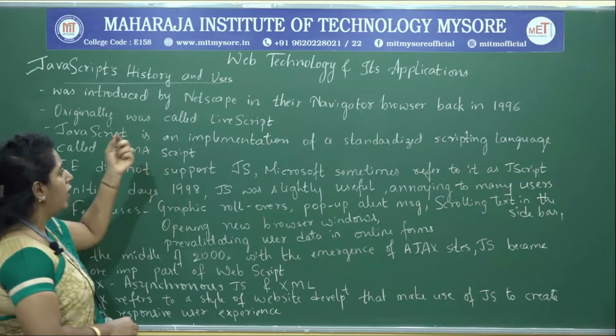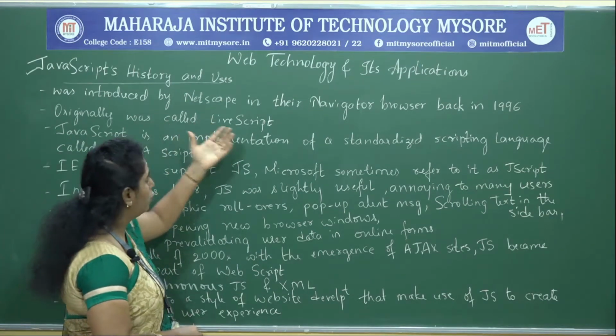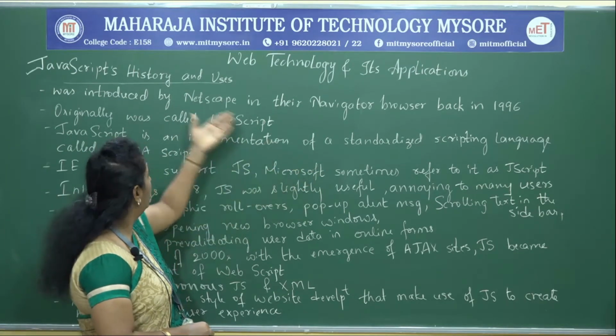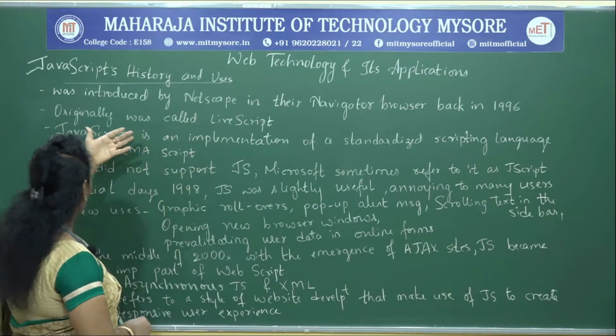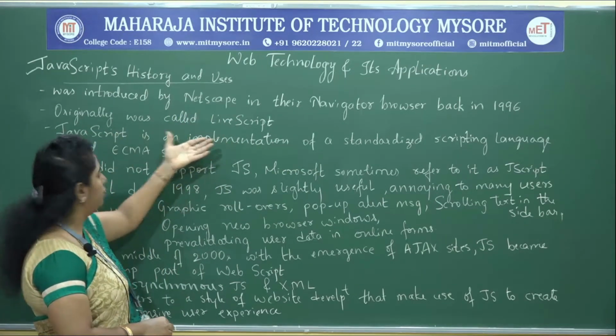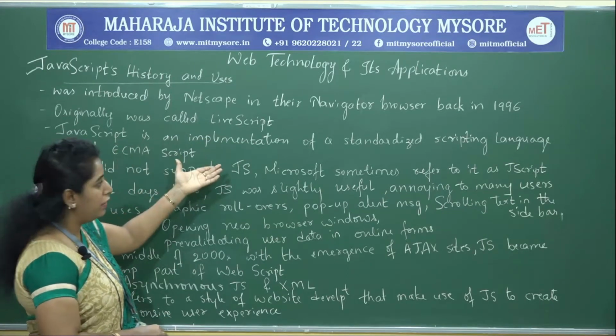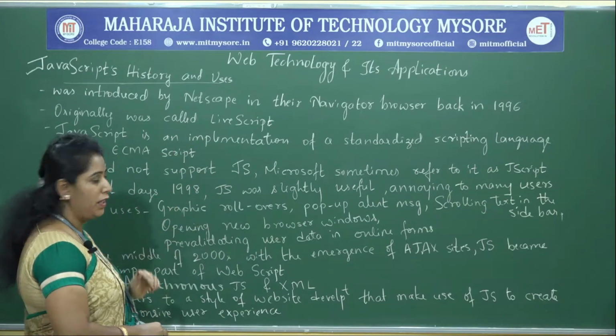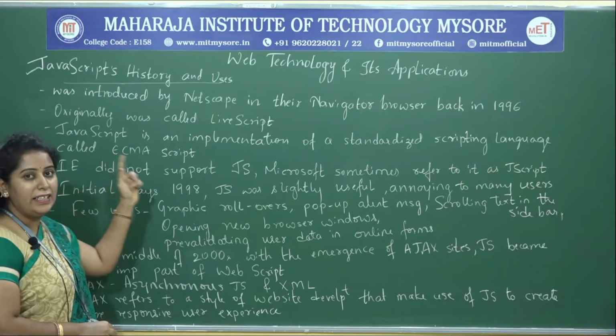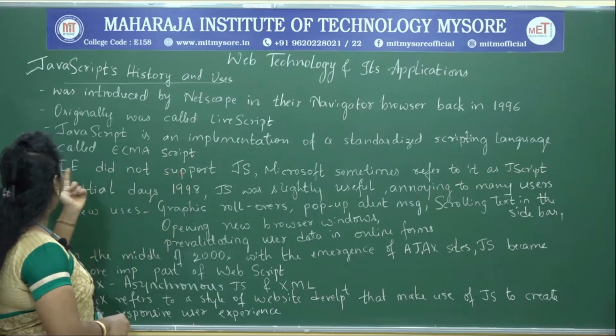Can you understand? It was introduced in the year 1996 by Netscape and it was called LiveScript. JavaScript is an implementation of a standardized scripting language which is called ECMAScript.